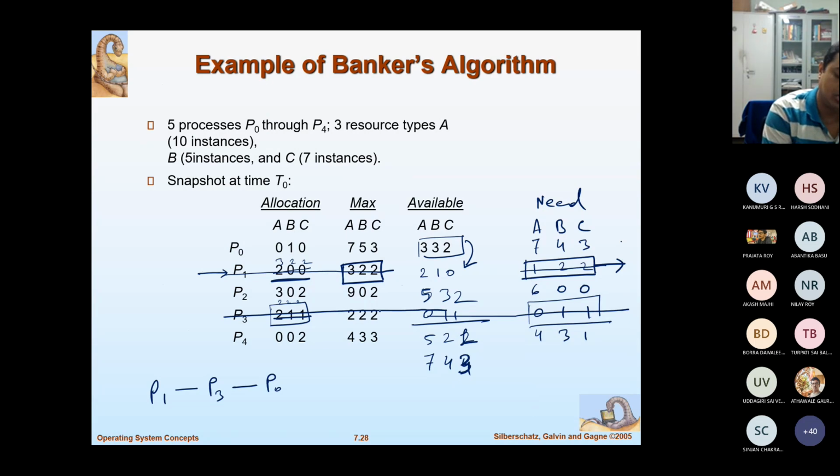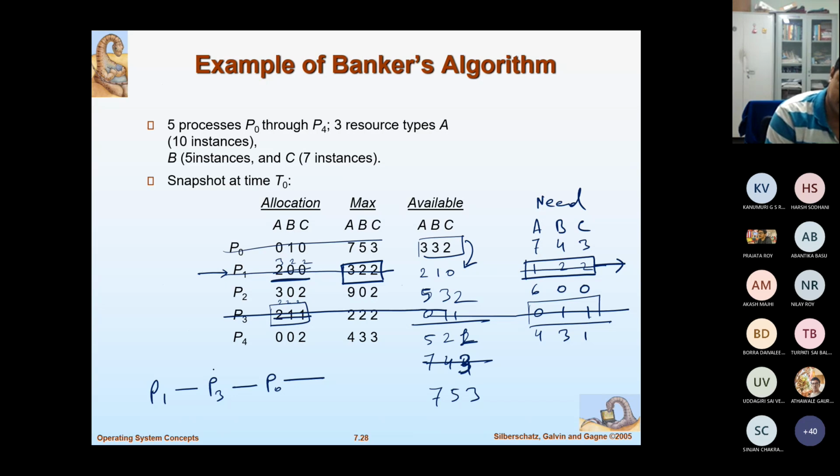Add the allocation 010 to 743, giving 753. So the new available is 753. So P0 is completed.